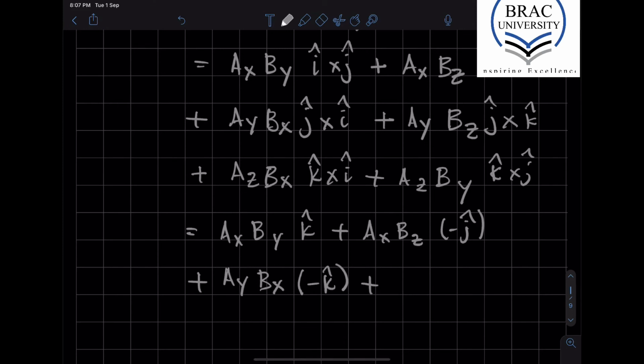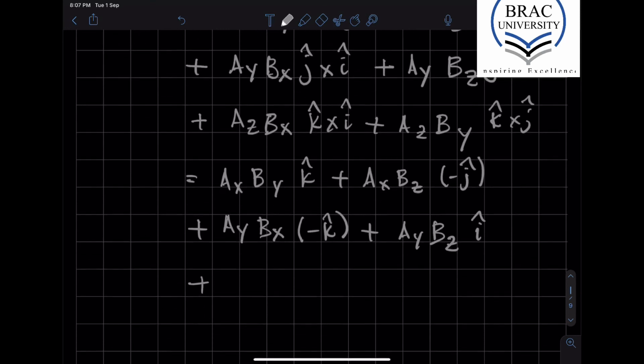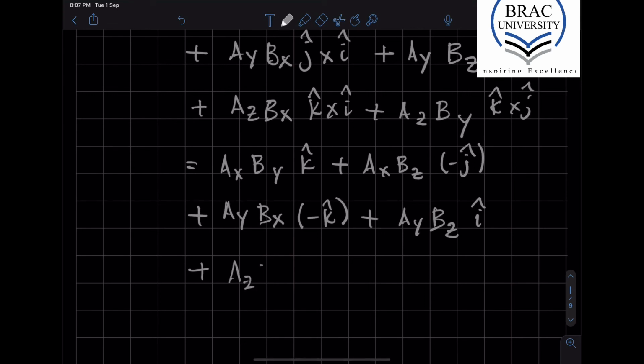The fourth term is A_y B_z times plus i. The fifth term is A_z B_x times j. And the last term is A_z B_y times minus i.